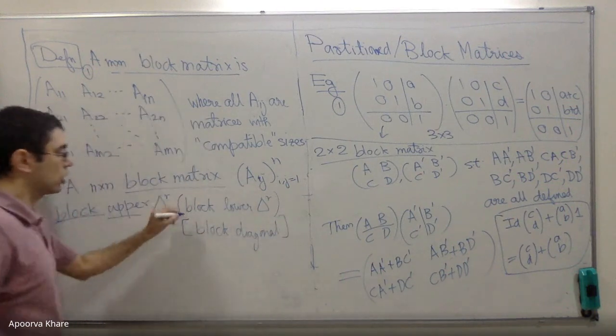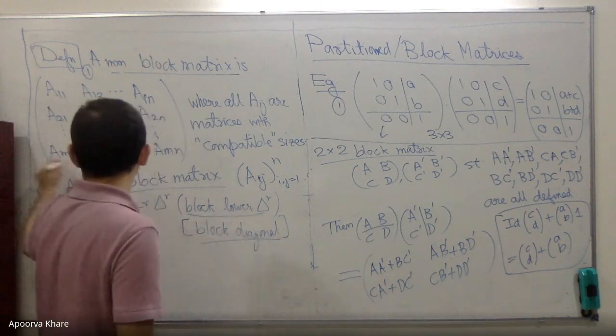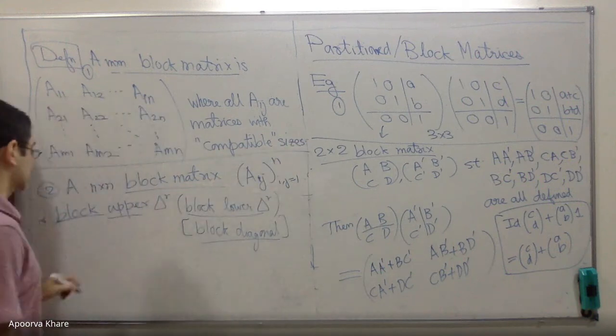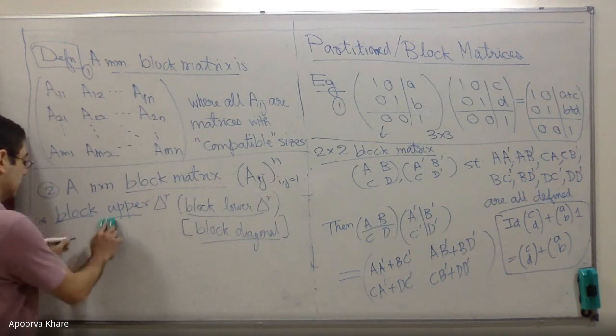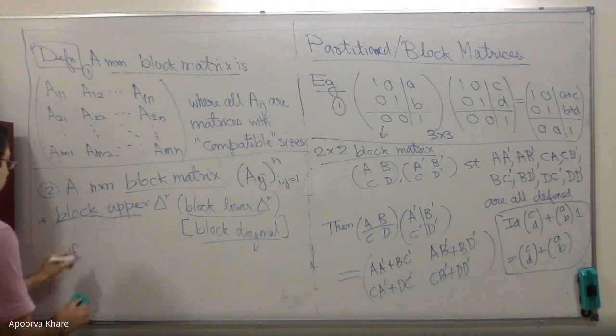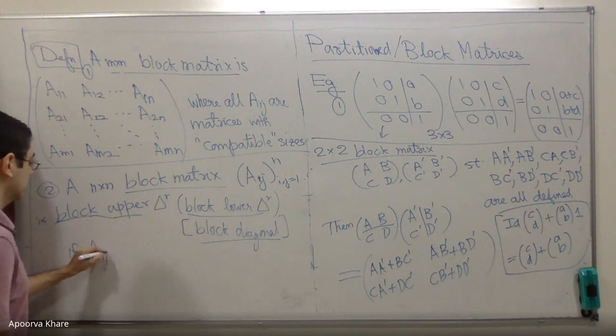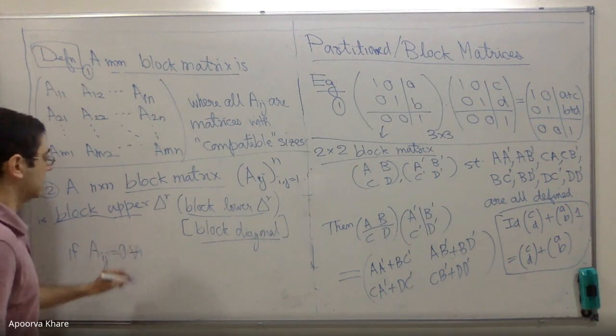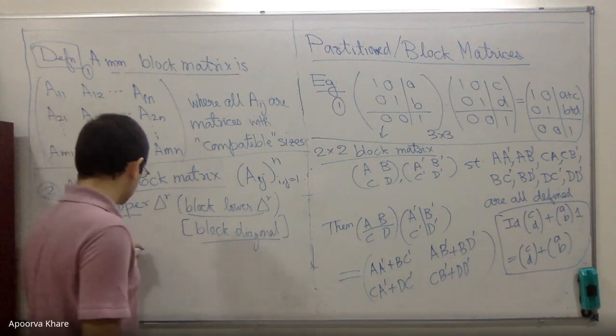I'll put one clause in parentheses, one clause in square brackets. Block upper triangular if Aij is 0 for all i bigger than j.